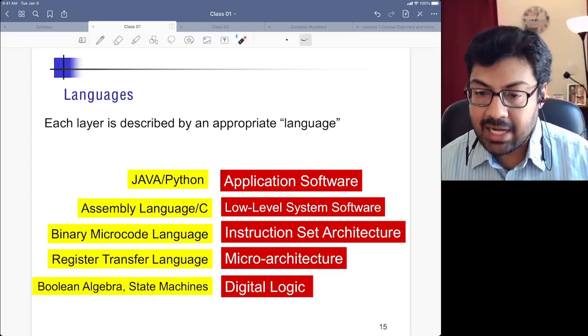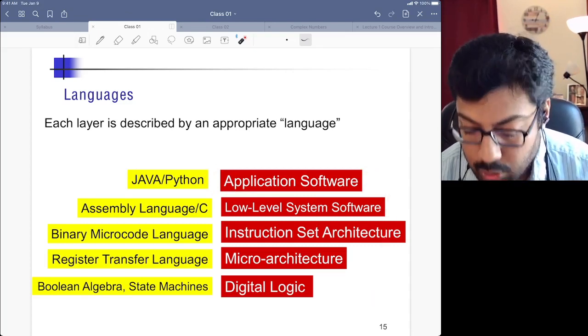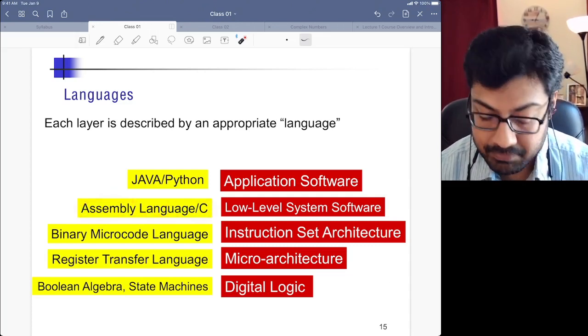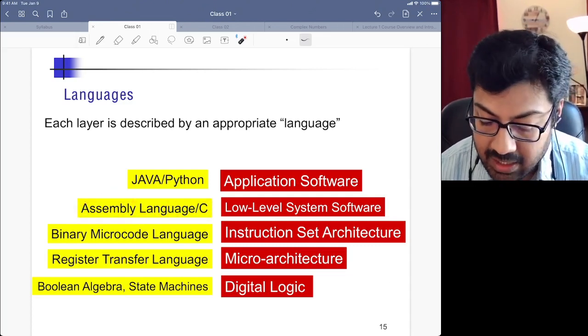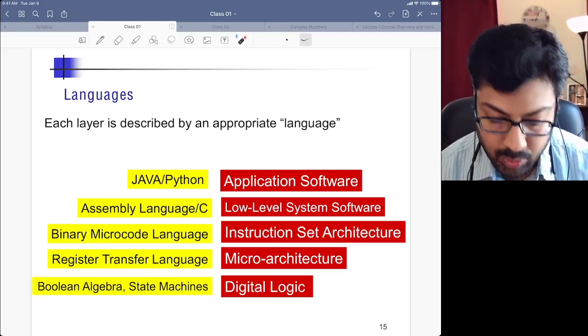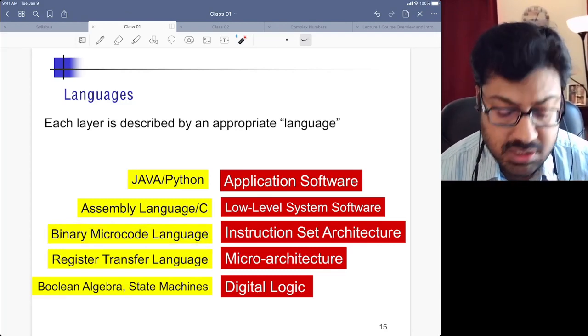But underneath that, again, there are many layers. There is low-level system software, which comprises assembly language and C. Underneath that, you have the instruction set architecture, which involves machine language. So this is binary microcode language, a bunch of zeros and ones.